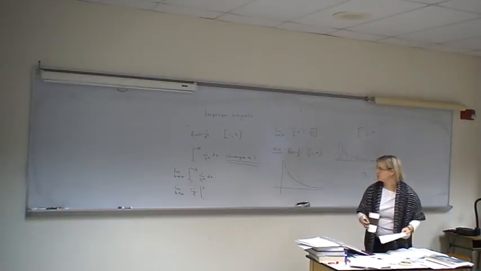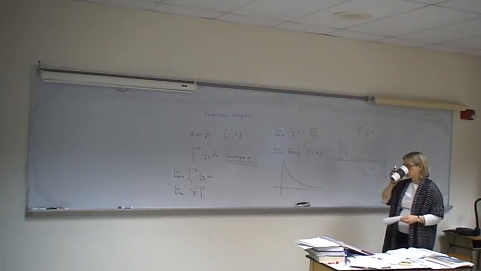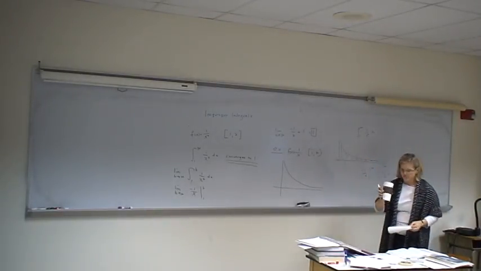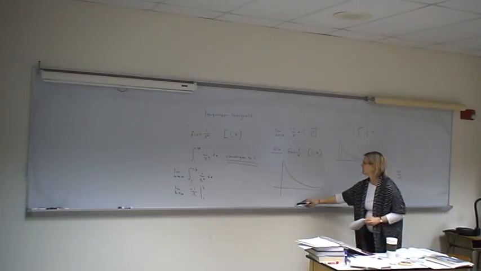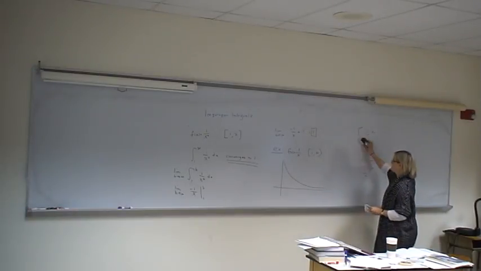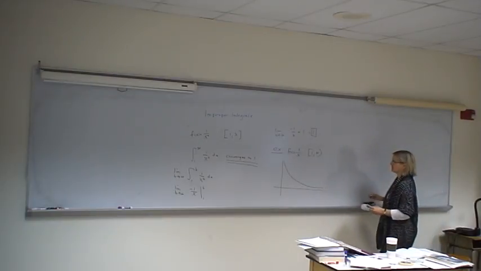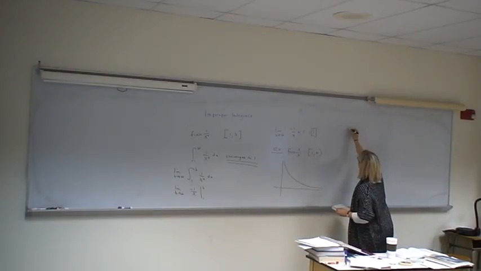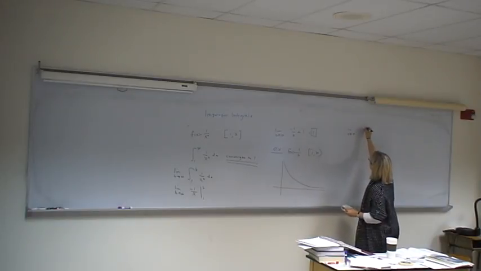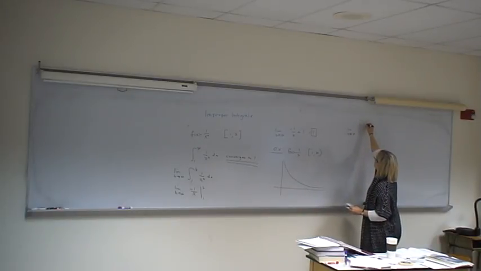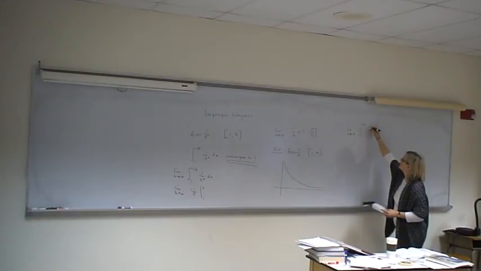And we're going from 1 to infinity. So what would the integral look like? The limit as b goes to infinity of the integral from 1 to b now, because we've replaced that with b, of 1 over x dx, right?